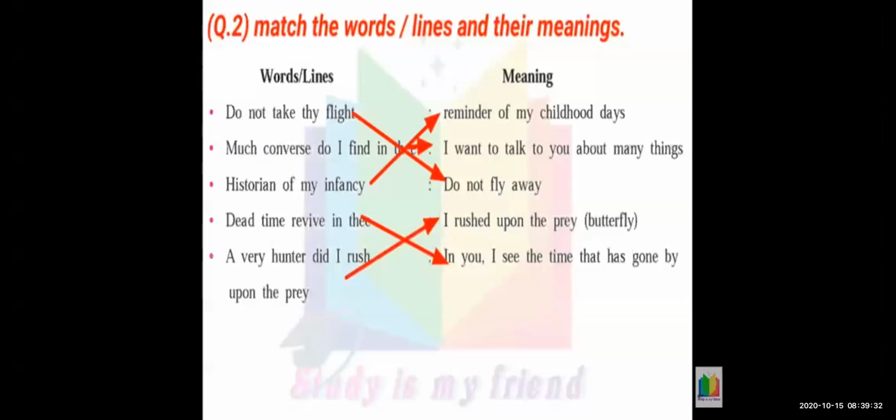A very hunter did I rush upon the prey. This is the answer of the last line. What is the meaning of prey? Means butterfly. Here, these are the lines and their meanings.